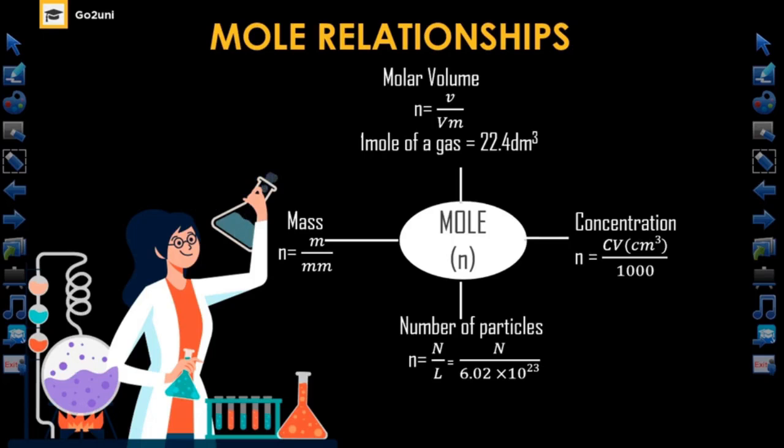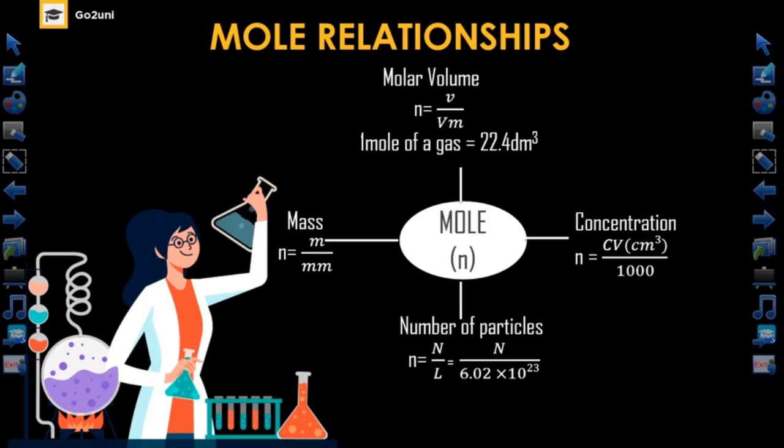Mole is related to mass and molar mass by m over mm, and is related to concentration by the formula CV over 1000. Lastly, mole is related to number of particles by the formula n equals number of particles over Avogadro's number. These relationships will be used as we carry out different calculations under stoichiometry.